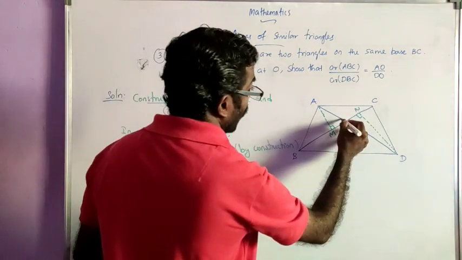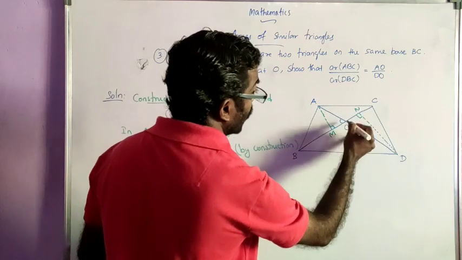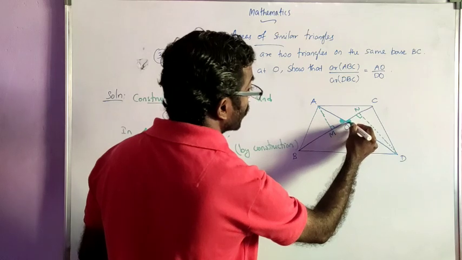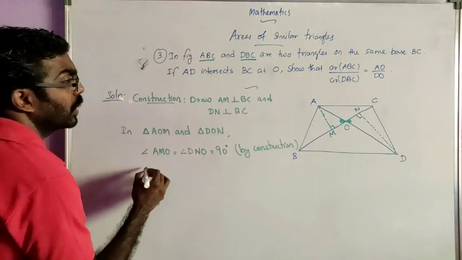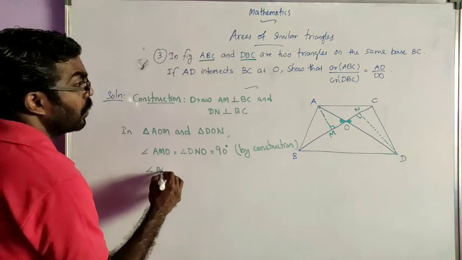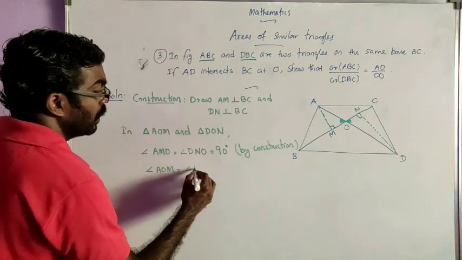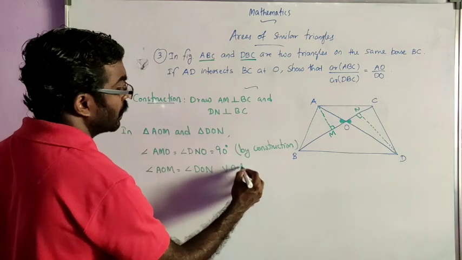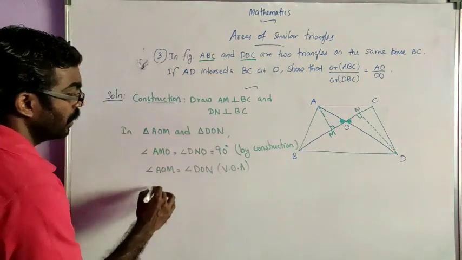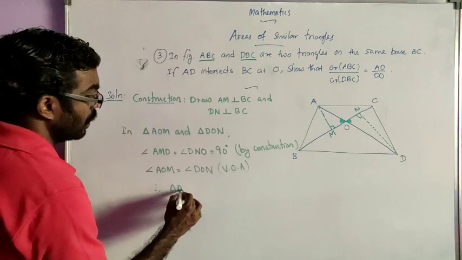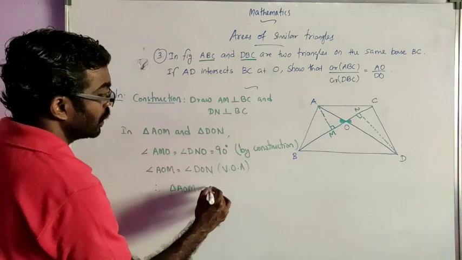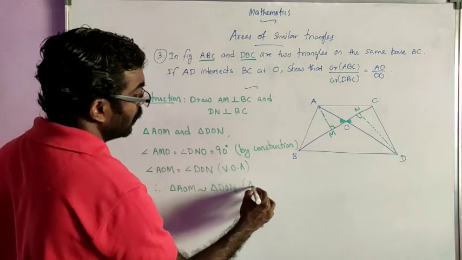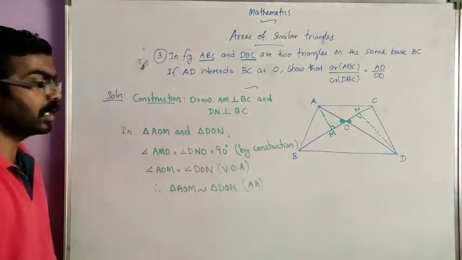And what about angle AOM and angle DON? These two angles are called what? Vertically opposite angles. So these two angles are equal. Angle AOM equal to angle DON, vertically opposite angles. Okay. Therefore, we can conclude triangle AOM is similar to triangle DON by AA similarity criterion.